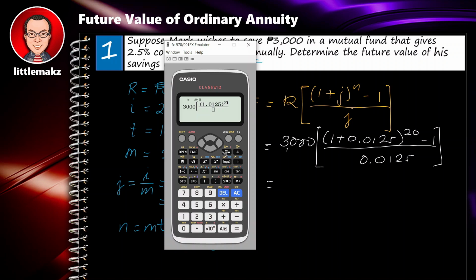The exponent is 20. Then subtract 1. And then here is your J, which is equal to 0.0125. You put 0 if you wish to, but that's not necessary. And then we enclose this with parentheses.